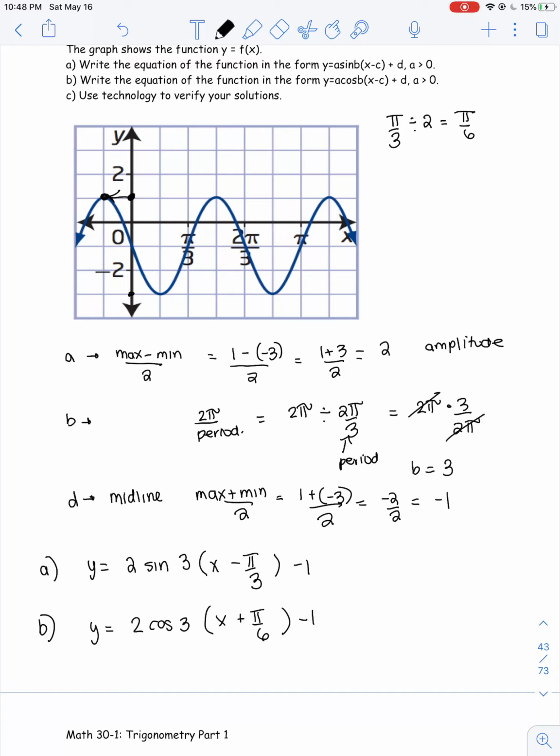And we can use 0 to pi, going up by pi over 6 as the interval. Now if you graph it, it should look identical to what we have. You can even check some of the values to see if they correspond, but this is how you actually want to write it out. Okay, so use technology, use your graphing calculator to check your answers.